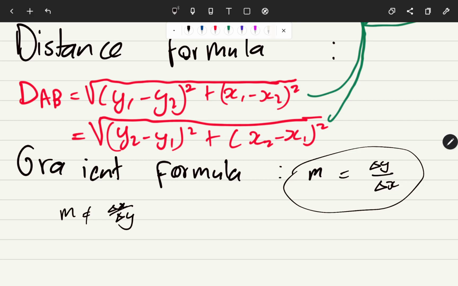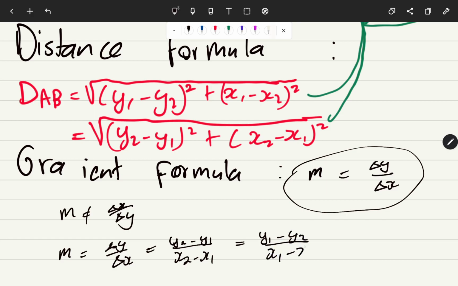So now the question is, what does change in y over change in x mean? It simply means (y2 minus y1) over (x2 minus x1), or you can say it's equal to (y1 minus y2) all over (x1 minus x2).